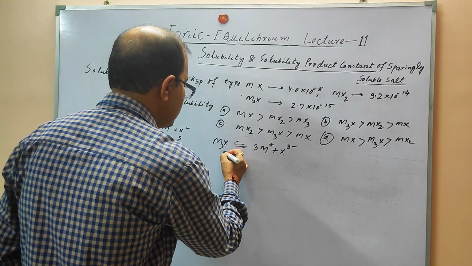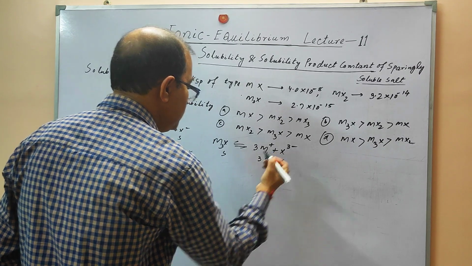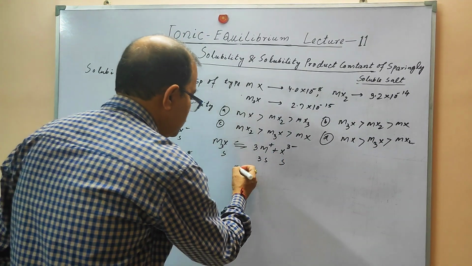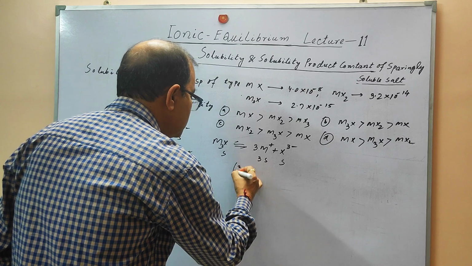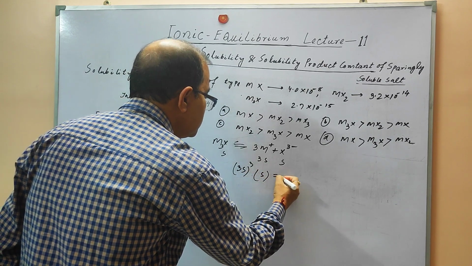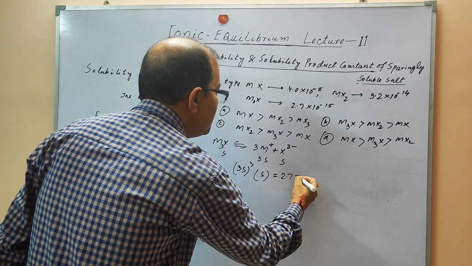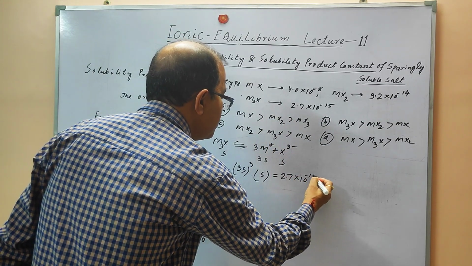So its solubility, suppose is S, this will be 3S and this will be S. So (3S) whole cube into S is equal to, we are getting it, 2.7 × 10^-15.